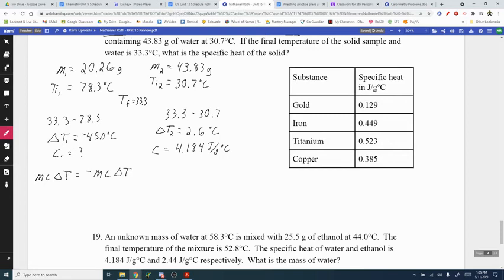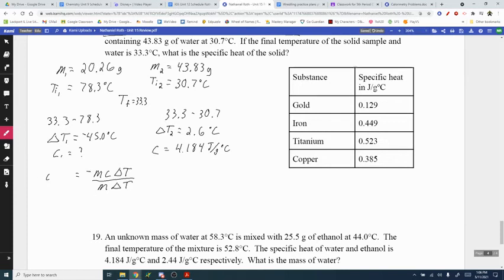So that's C1. Okay, so we're looking for this right here. All right. So we have to divide both sides by m delta T in order to get that C by itself. So m and delta T cancel out. I'm just going to erase those. All right, so there we go.